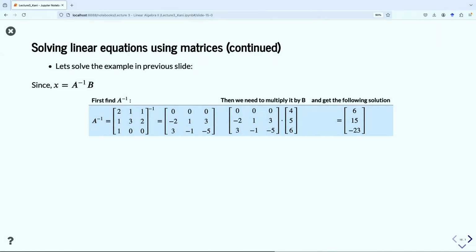And then you multiply it by b, this matrix, so you get the following solution. Actually, I think I made an error here. Did I make an error here?